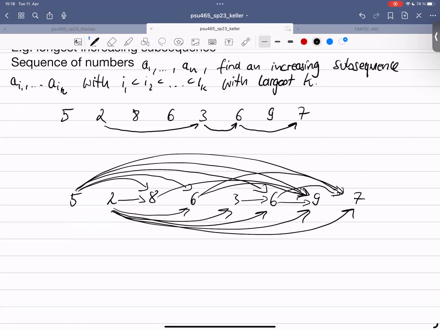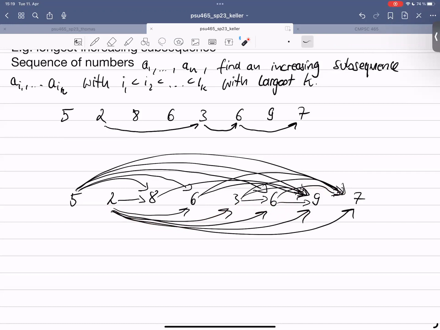I actually didn't draw any edge going out from 3. So there's a couple more missing, but I'm sure you have done this right. So we're going from, in this case, 2 to 3, and then 3 to 6, and then 6 to 7. I mean, here is the edge. So this subsequence simply corresponds to a path in this graph. And there's a one-to-one correspondence.